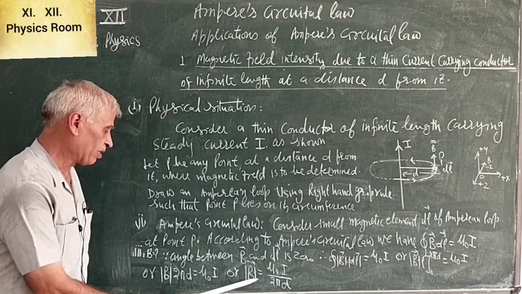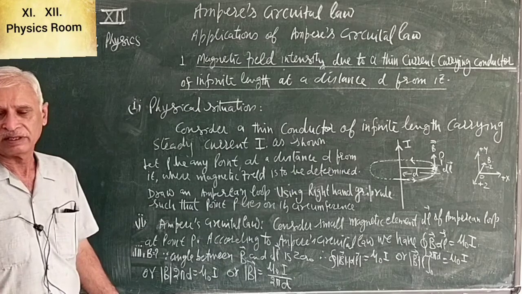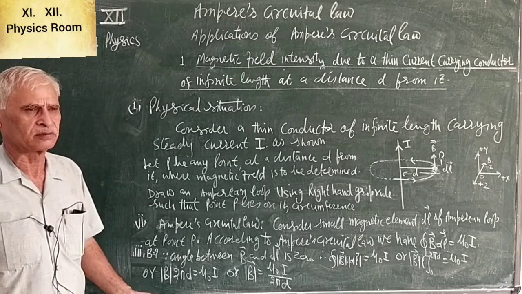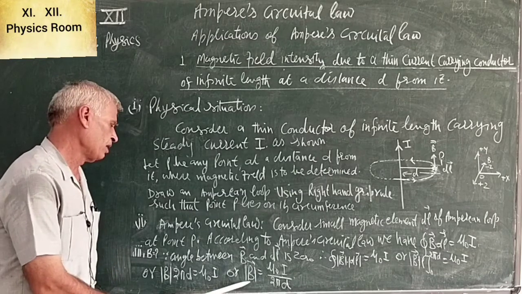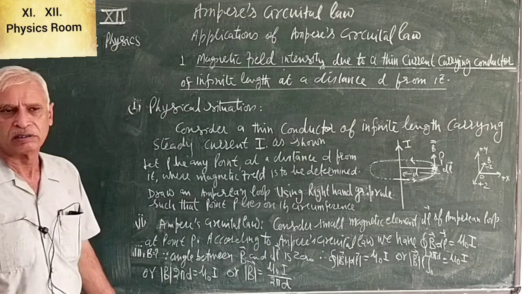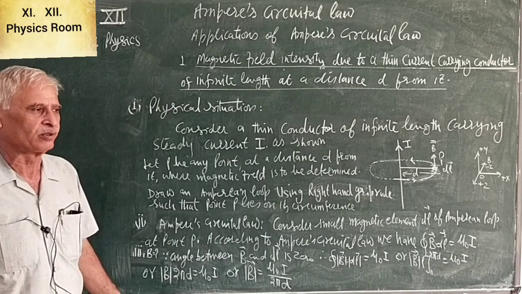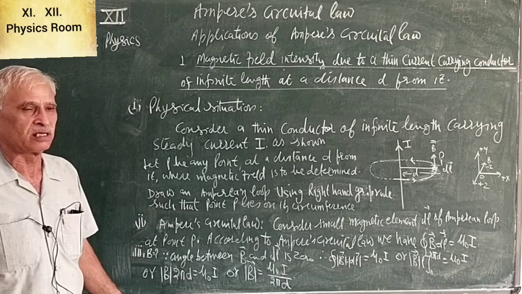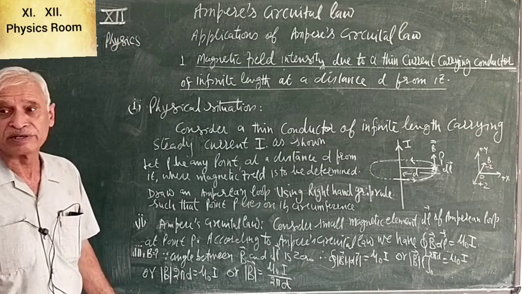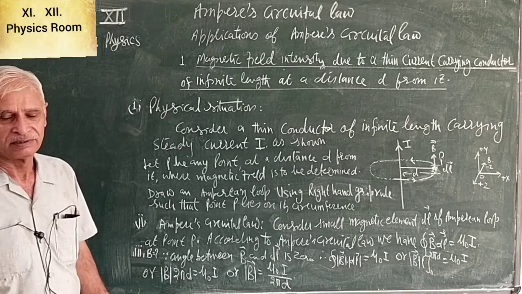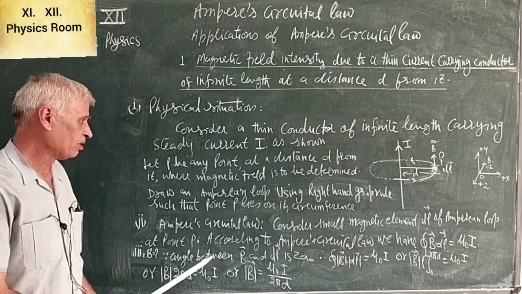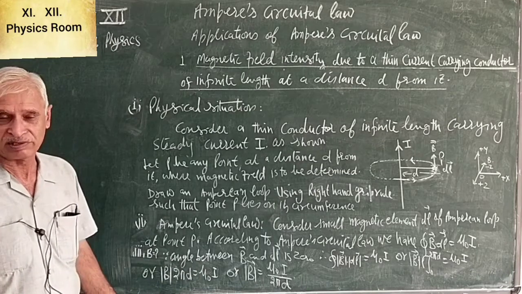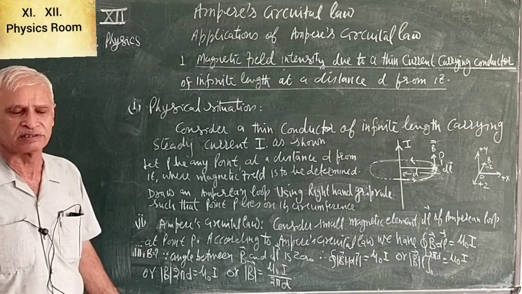This is the same expression that we calculated for the magnetic field intensity due to a thin infinite conductor using Biot and Savart's law. But Ampere's circuital law is applicable to symmetrical situations.